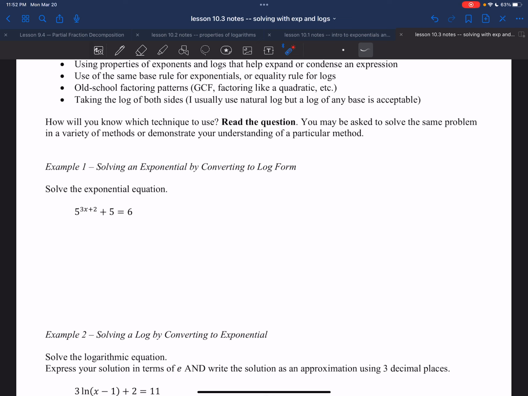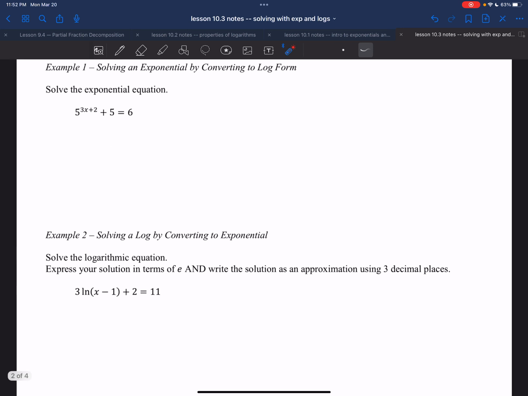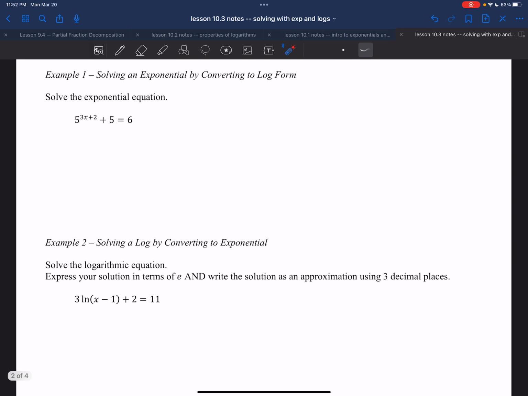Or I want you to solve it this way. Can you please demonstrate that you understand how to use this solving technique? Okay? All right. I'm going to try and keep this video as short as possible, but I also want it to be sufficient in explanation because this is going to get really tricky. So I'm sorry if the runtime is a little bit long, but I really want to explain this one well as best I can.